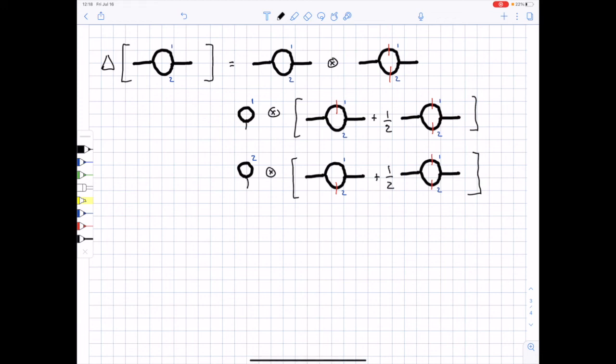This is what we predict, and in fact we can verify this for the generic bubble with masses. If we take a limit in which, say, propagator 2 becomes massless, then we recover the example we had before, and everything is the same. We can take the limit on the right-hand side as well, except that this tadpole will be set to 0. So we're just missing the bottom line, and that's exactly what we wrote down and verified earlier.